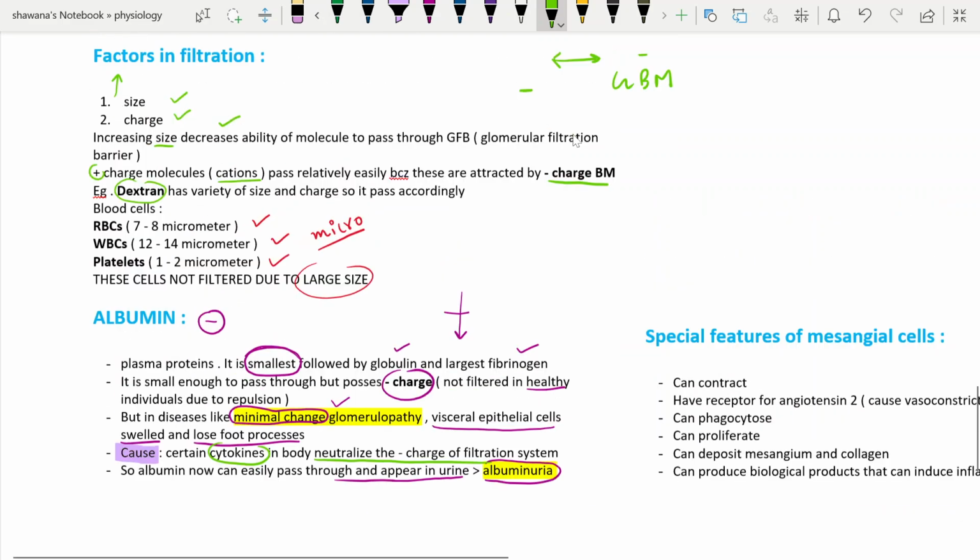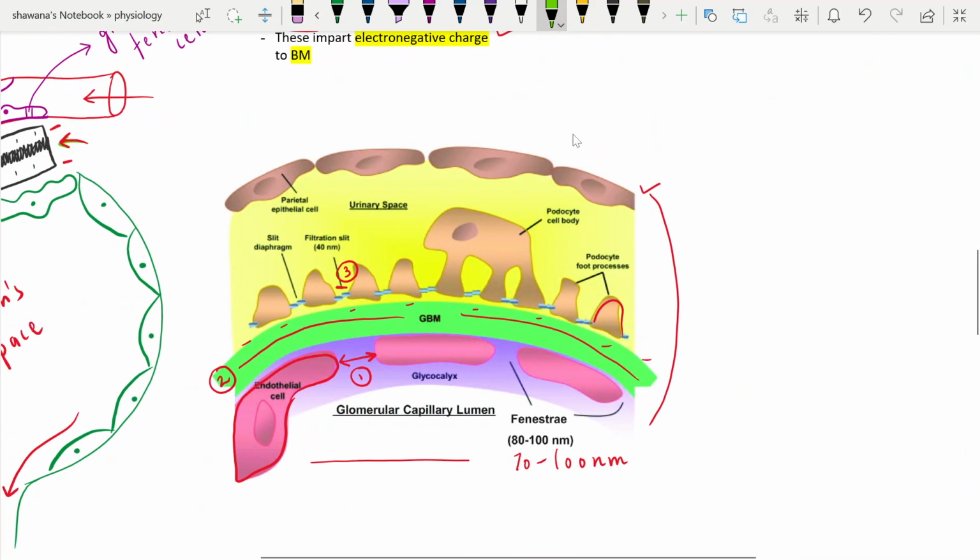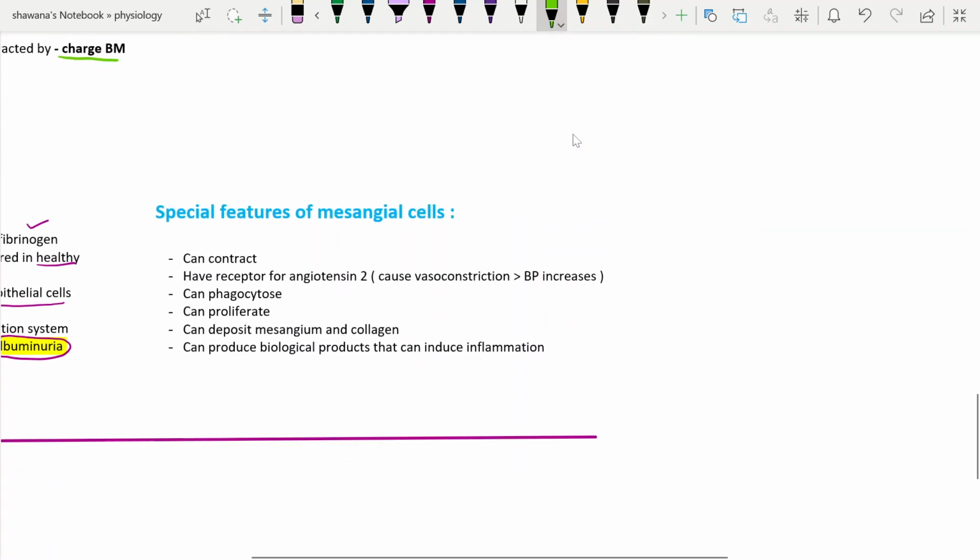As we have discussed in this diagram, the endothelial cells, the filtration slits, and the glomerular basement membrane itself contain molecules like sialoglycoproteins, laminin, fibronectin, etc. They impart a negative charge to these filtration systems. In minimal change glomerulopathy, some cytokines neutralize this negative charge, so the albumin can pass through and appear in the urine.